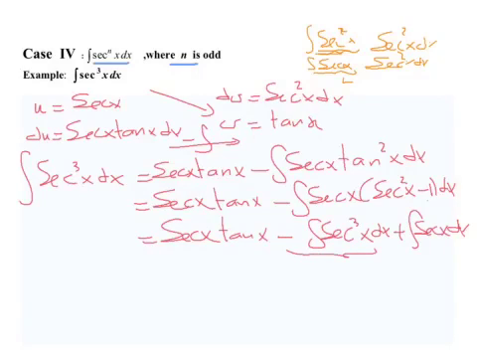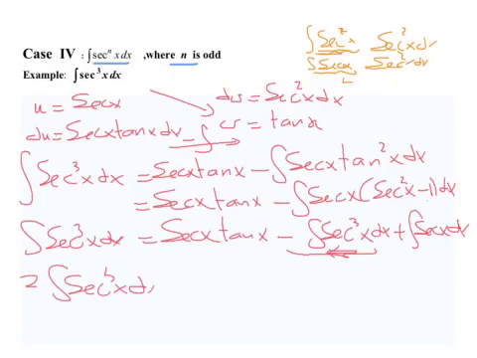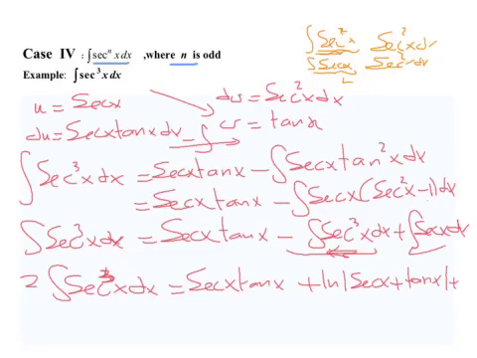This is actually similar to what we have on the left hand side, so we can transfer this to the left hand side, so it will become 2 integration of secant cube x dx equal to secant x tan x plus integration of secant x, which is ln secant x plus tan x, plus c.